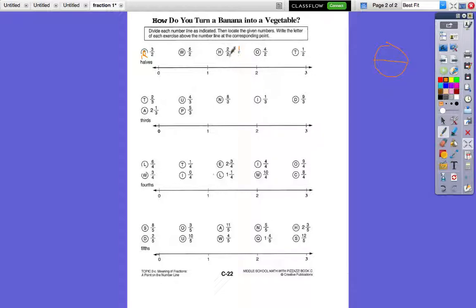So the bottom number tells me how many it's broke up to, and the top number tells how many I get. 2 parts. So 2 parts equals 1. All right, let's put that on there. 1 right here, that's where it is. So H goes here. And we did this whole line in class, so 1/2. Let's put that here. Right there is 1/2. And that's T.